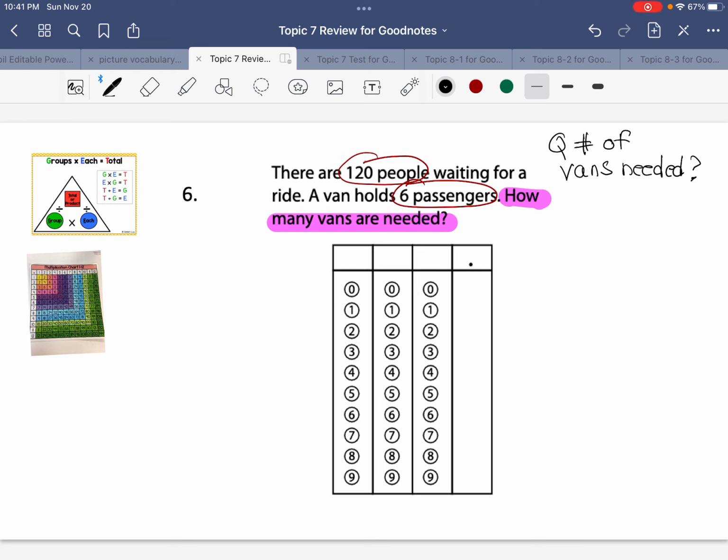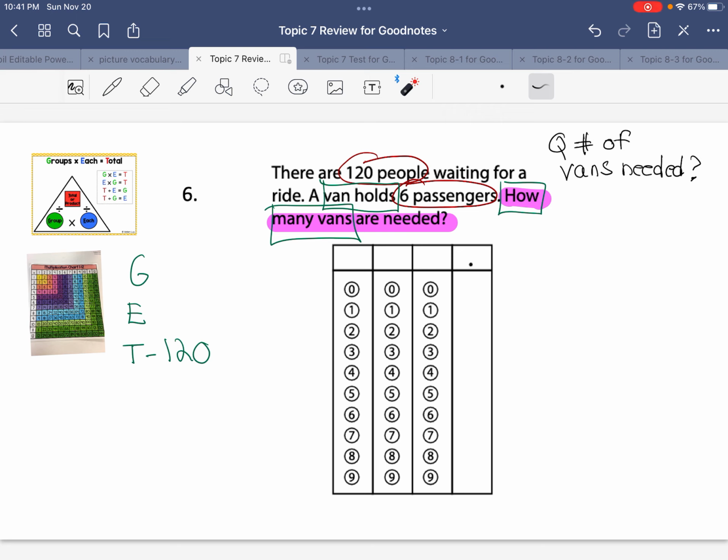Okay, I'm going to box in my keywords. How many vans? Okay, a van holds. So now I'm going to do my get groups each total. My total is 120 people. My each, okay, well, let's see.